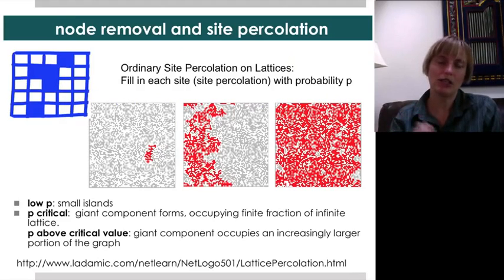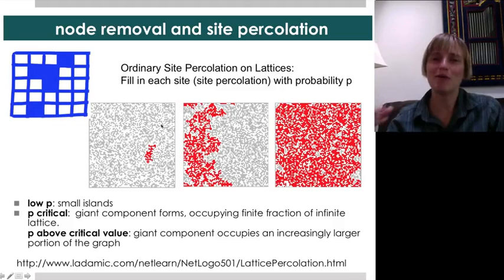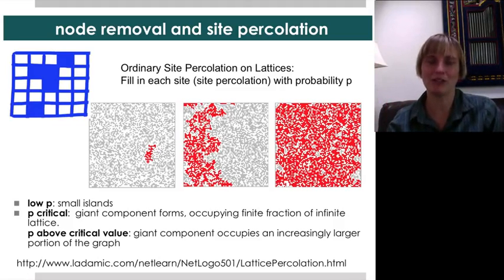Now let's switch over to removing nodes instead of removing edges. If you remember, we did, I think in the assignment or perhaps in the lecture, this percolation in a regular lattice, and this reminds you of water percolating through soil, which is how the problem was originally formulated.